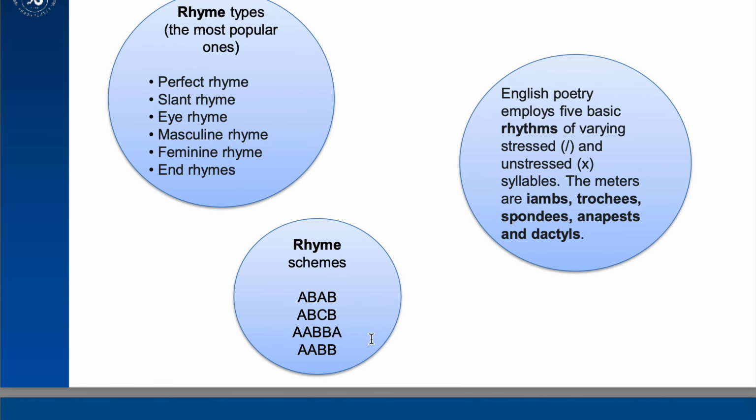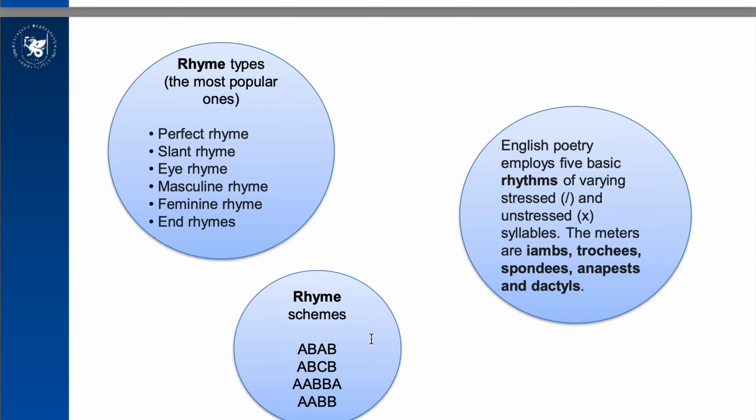Have a look at the different types. Take your time and write down all the types of rhyme and rhythm. It's very important and interesting. If you have questions, please write them in the chat, and I'll be glad, or maybe the guys in our group will be glad, to answer you.